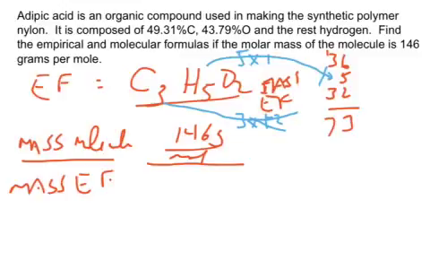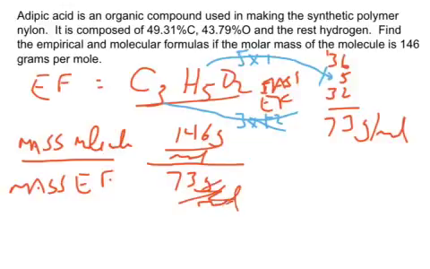So the mass of this guy is 73 gram per mole. I plug it down here, 73 gram per mole. My unit gram per mole cancels out, so 146 divided by 73 equals 2. So that's my whole number ratio of the difference between the empirical and the molecular formula.